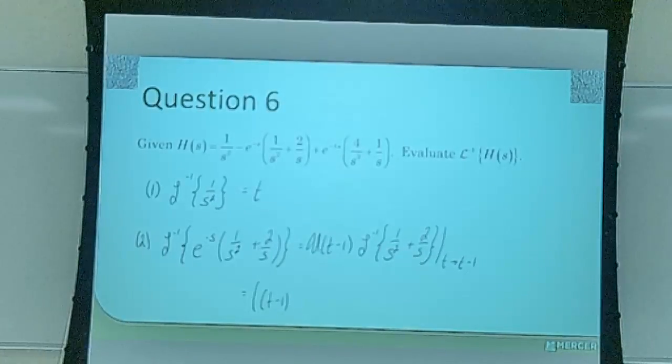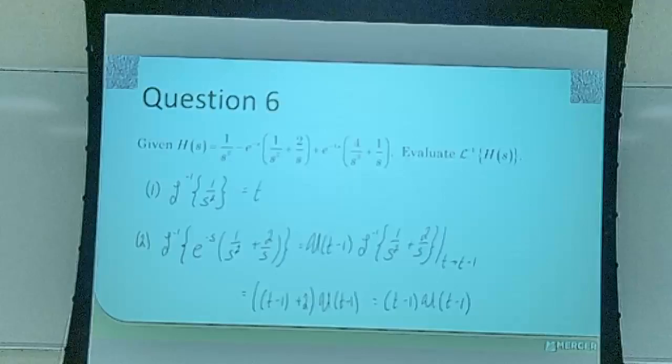What's 2 over s? 2. So that's just going to be what? T minus 1, u of t minus 1, plus 1? You're right, plus 1, right there.